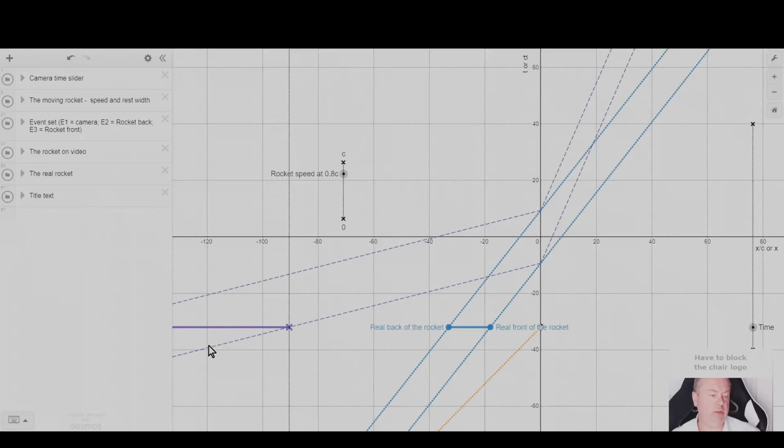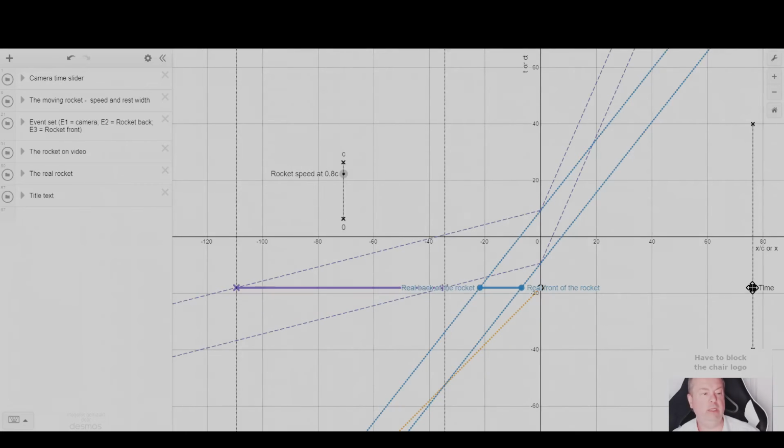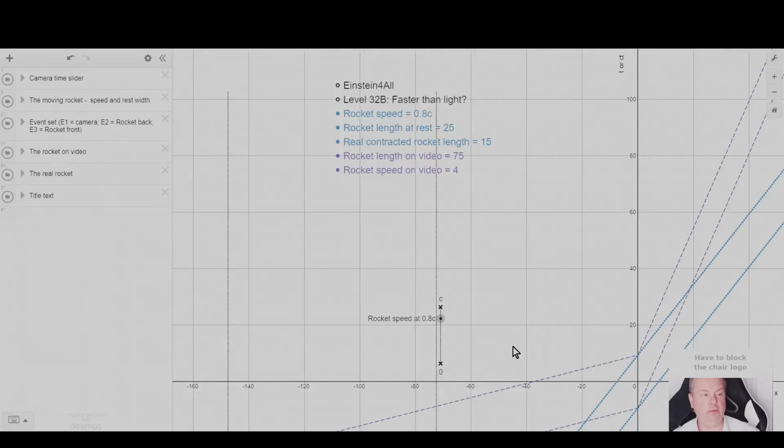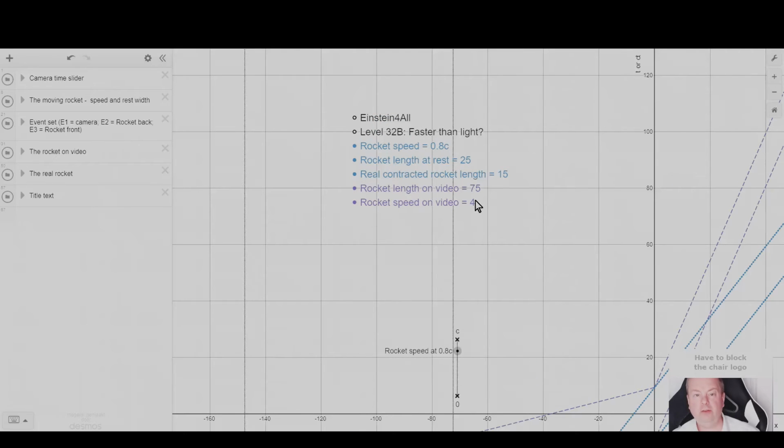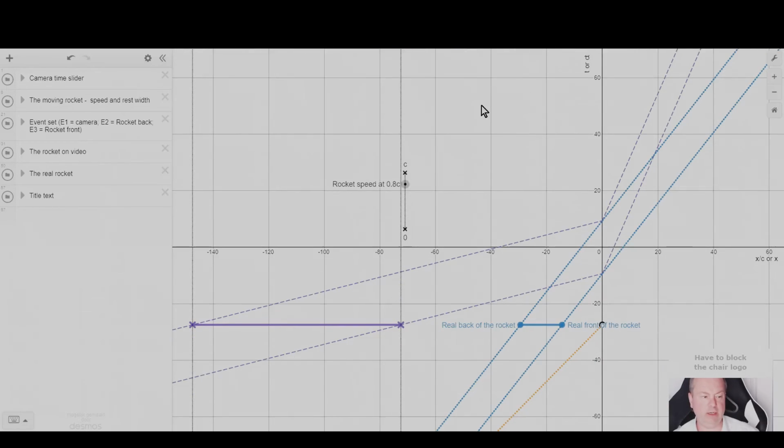And this is what we see. We see here that this rocket is moving at an incredibly high speed. If you do the numbers, it's 4 times the speed of light. So you have a video telling you there is a 75 meter long rocket coming at us at 4 times the speed of light, while the truth is a 15 meter rocket is coming at you at 80% of the speed of light. That is how deceiving the camera is.